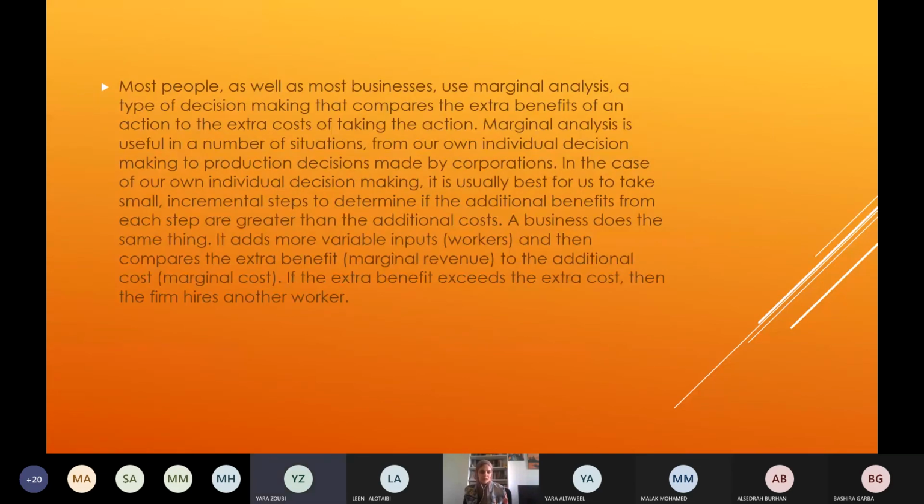So they use marginal analysis to decide whether it is beneficial to add extra cost or not, whether to hire more workers or not. If I hire one more worker, I will gain 15 riyals for 1 cup, and for 20 cups, 300 riyals.